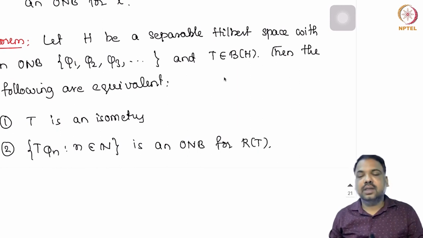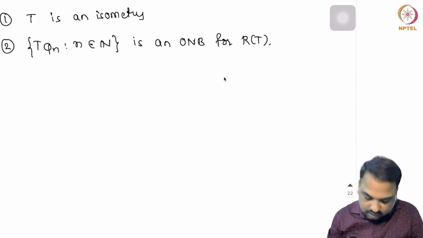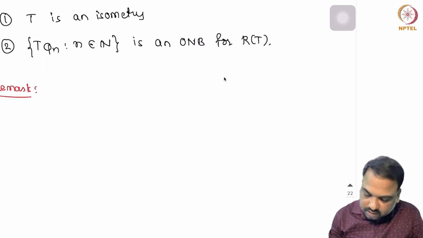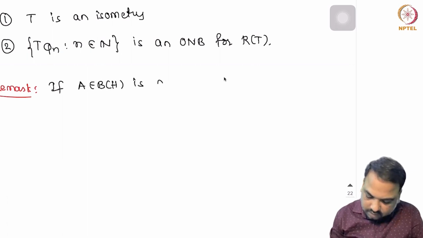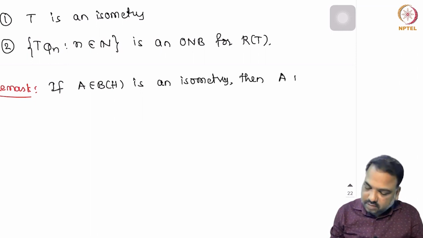So here we can say that the range of the operator is closed because whenever it is an isometry, so let me write a remark. If A is an isometry, then A is bounded below.